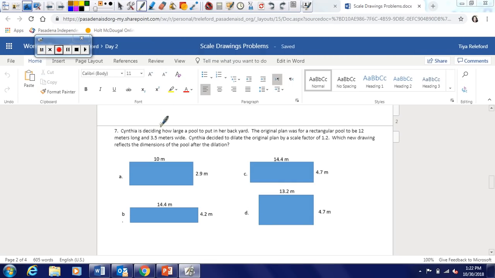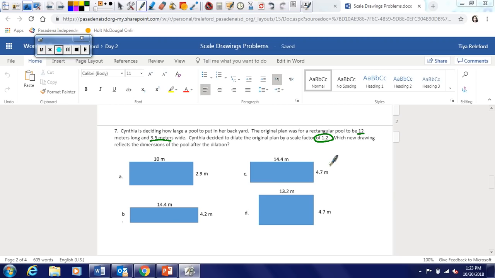Cynthia is deciding how large of a pool to put in her backyard. The original plan for the rectangular pool was to be 12 meters long and 3.5 meters wide. Cynthia decided to dilate the original plan by a scale factor of 1.2. Which new drawing reflects the dimensions of the pool after dilation?